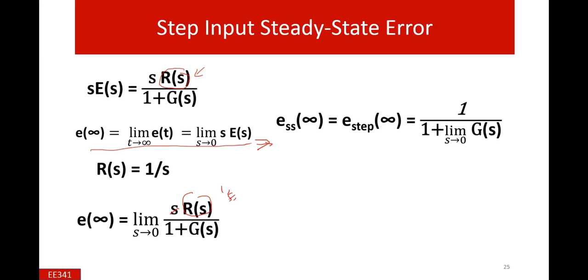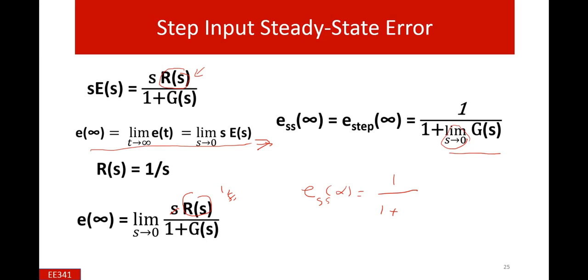So for a step input, keep in mind, it is very important, the steady state error is 1 over 1 plus the open loop transfer function at s equal to 0, which is a constant value.